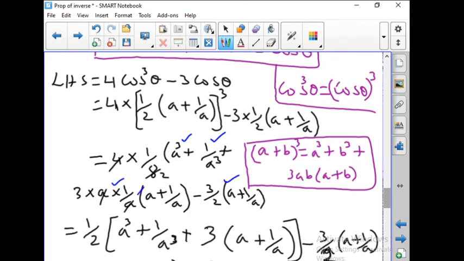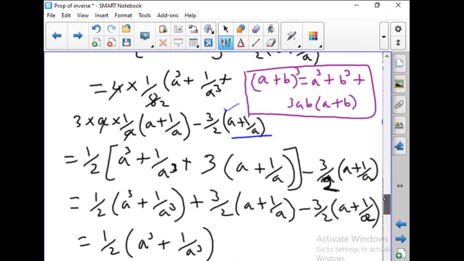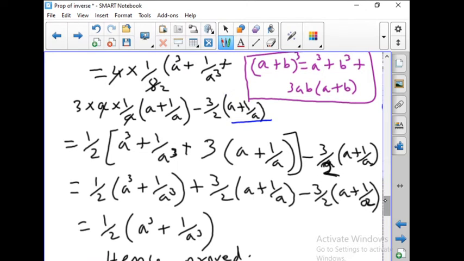Then minus 3 by 2 into a plus 1 by a. So now here first term 4 goes in a 2 times. So you get 1 by 2 into a cube plus 1 by a cube, and here a gets cancelled. So plus 3 into a plus 1 by a, then minus 3 by 2 into a plus 1 by a.